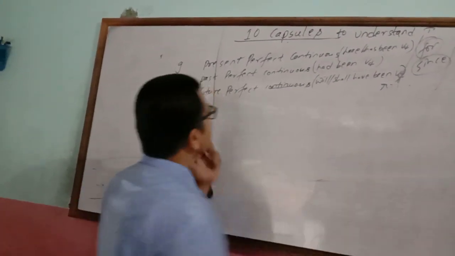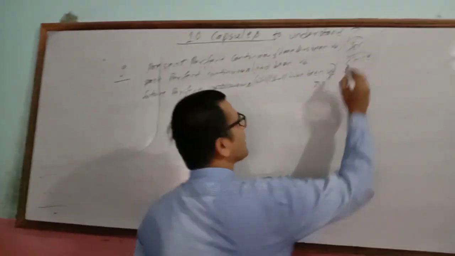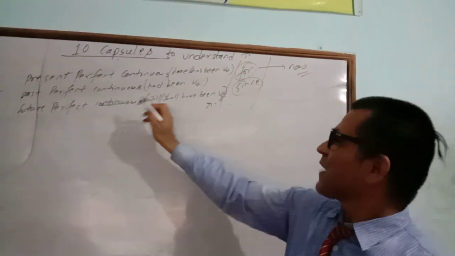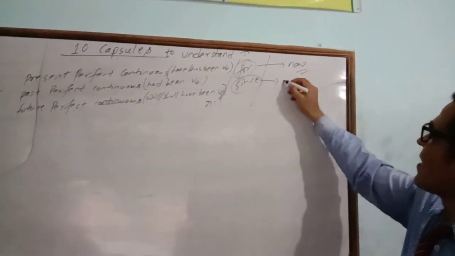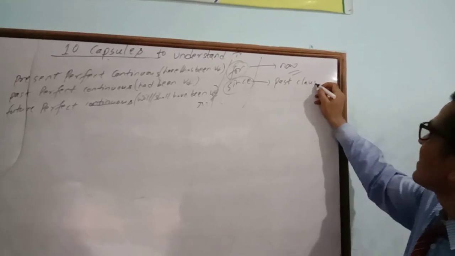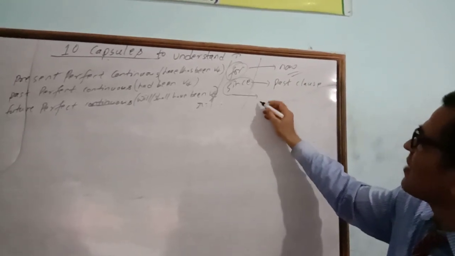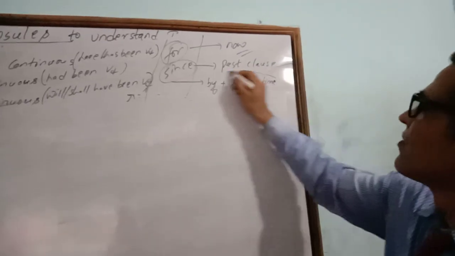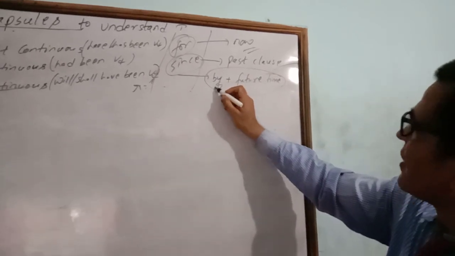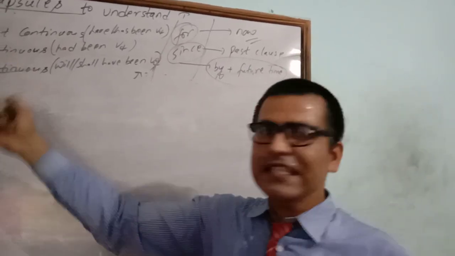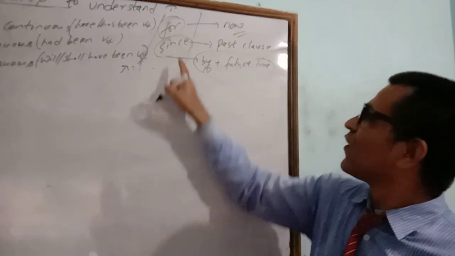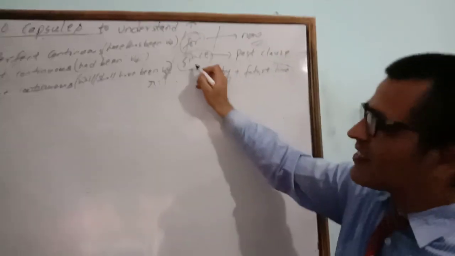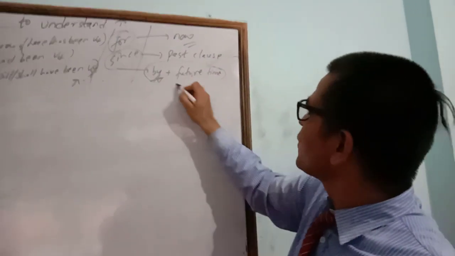Then in case of present perfect continuous, there might be a very simple case. For example, there might be now or present time verbs. For past perfect continuous, there must be another past clause. Remember that. Past clause. And for future perfect continuous, there must be by plus future time as well. Future time. For example, by tomorrow, I shall have been teaching English for 4 hours. For instance, the for phrase is also there, and the by plus future time is also there.